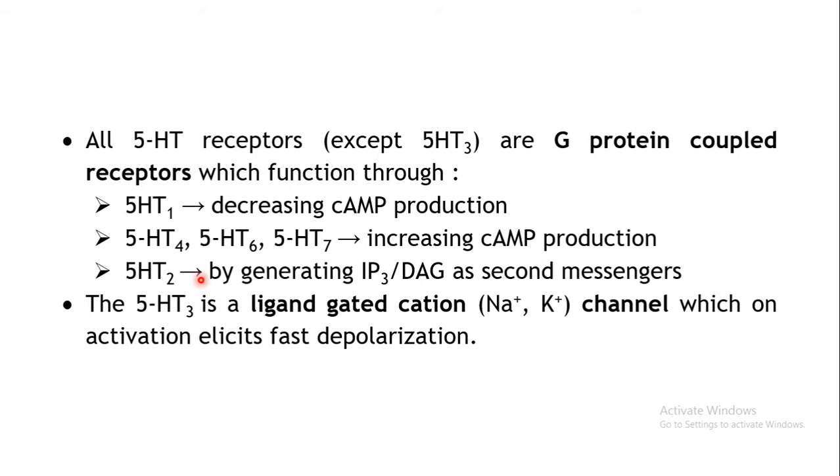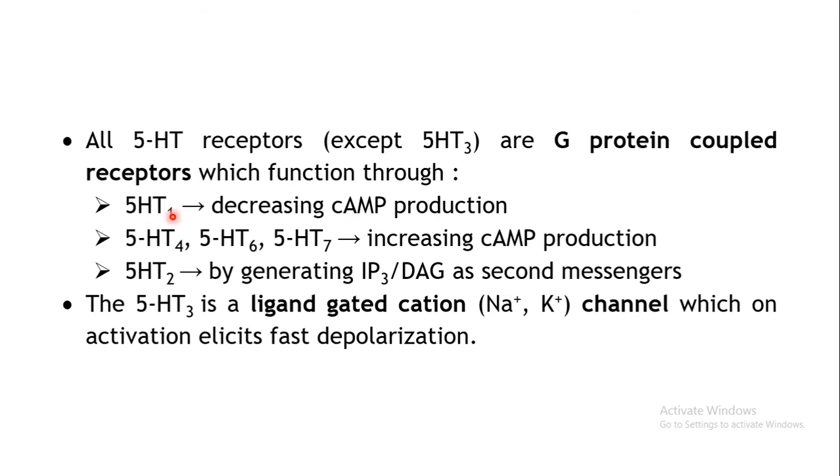Depending upon the transducer mechanism, these G protein coupled receptors are also different. There are different pathways which are followed. So that is also different among these receptors, all of which follow the G protein coupled receptor mechanism. Again, in that also there is variation in how that signal is transduced.